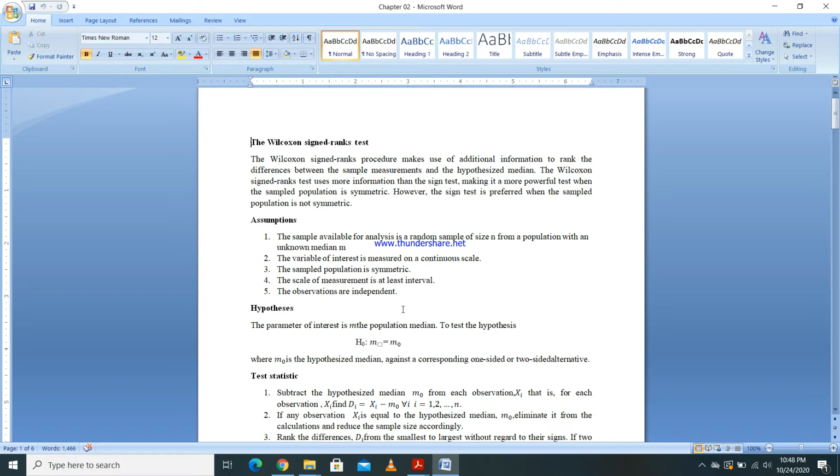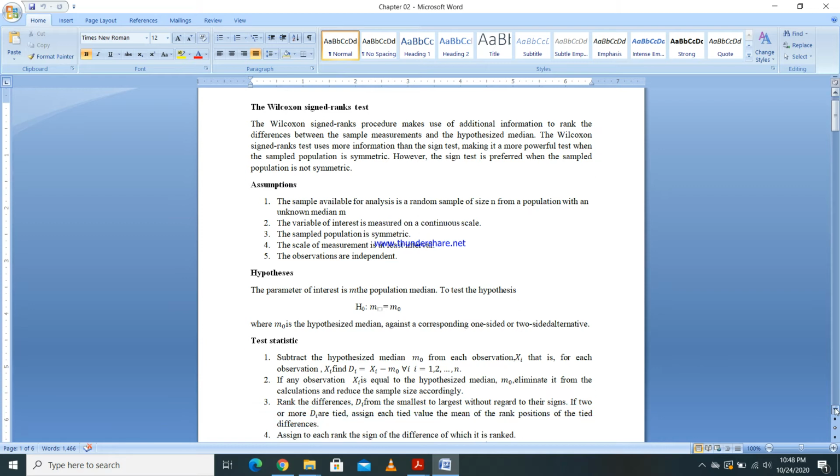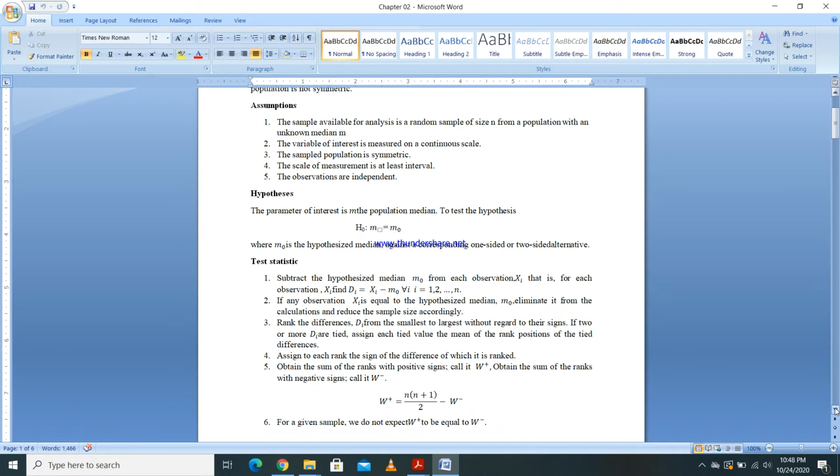All right. When it comes to the hypothesis, we are going to test for the median value. You have H naught, the null hypothesis.